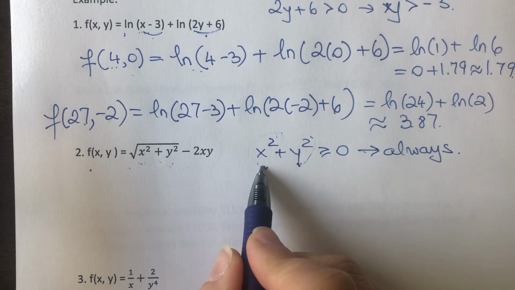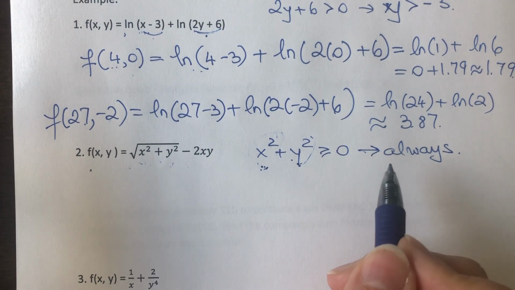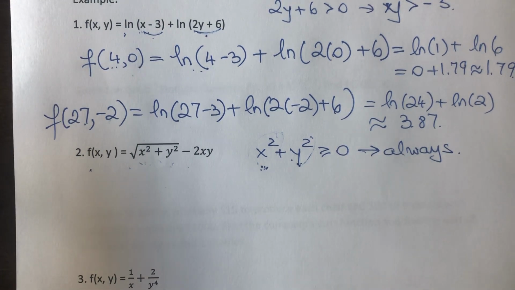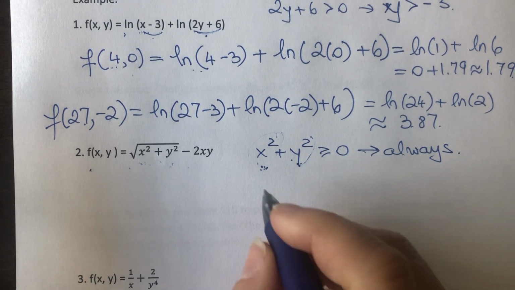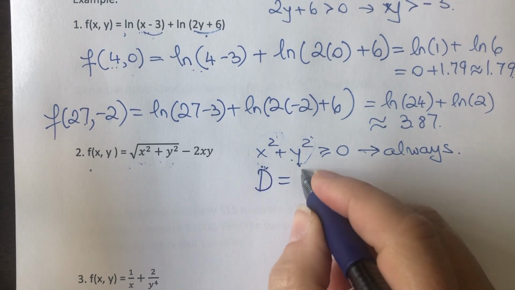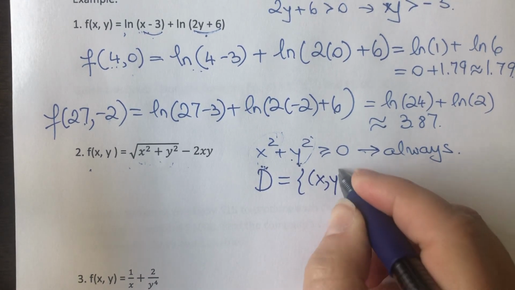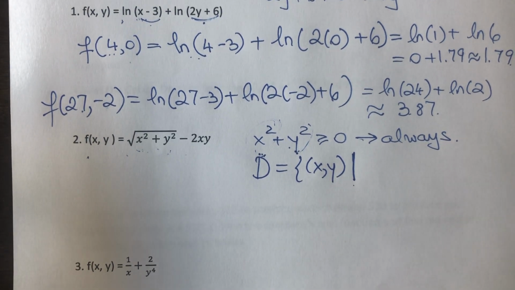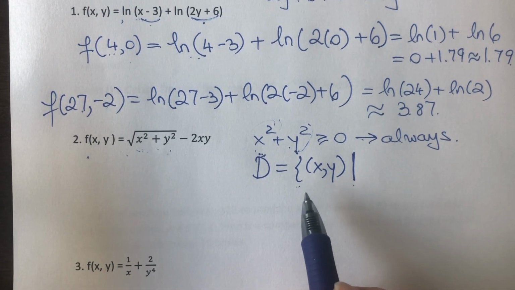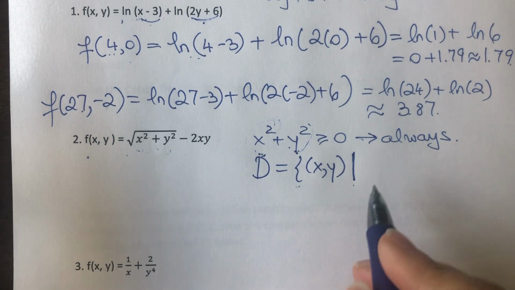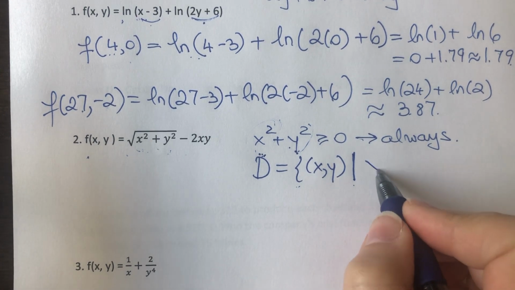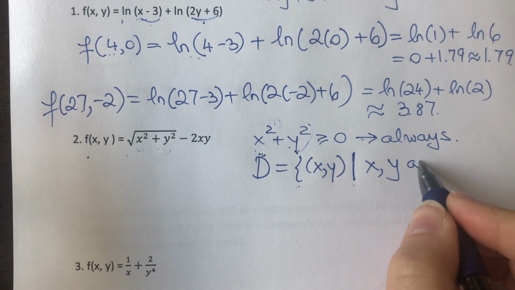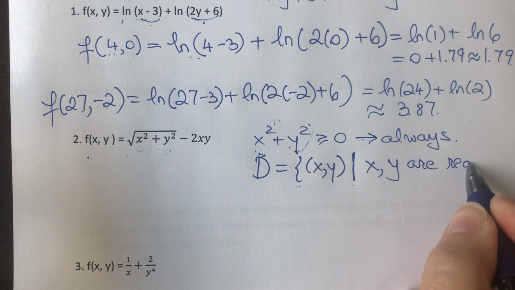No matter what you plug in for x and y, once you square them and add them, you're going to get something that's greater than or equal to 0. So the domain for this function is surely all the ordered pairs x comma y, such that, that's how we read this bar, we call this the roster, not the raster form, the set builder notation, such that x and y are real numbers. So you can put in anything you want.